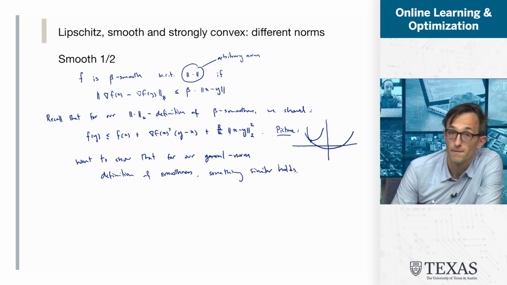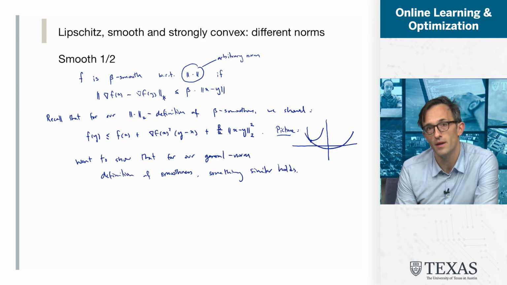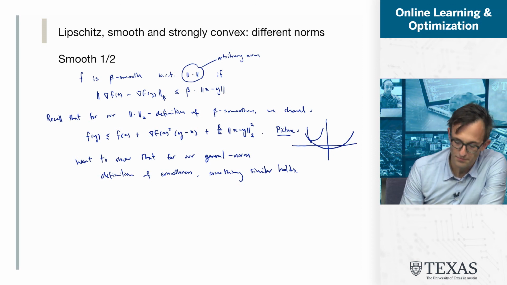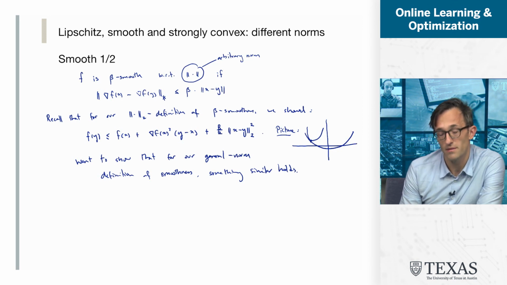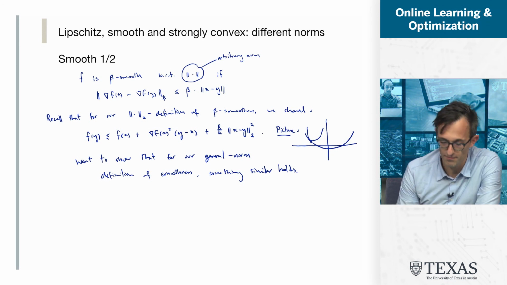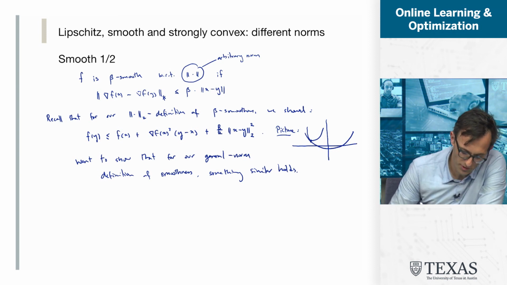This is a good opportunity for you to go back to the lecture where we showed that smoothness implies this quadratic upper bound and ask yourself, were there any of the techniques that we used there that inherently relied on Euclidean geometry? And you'll see that the answer is yes, that we used some steps that relied on Euclidean geometry. So we're going to give a more general proof that doesn't require that, and it's going to allow us to treat this case. And the key tool that we're going to use is our old friend, the fundamental theorem of calculus.